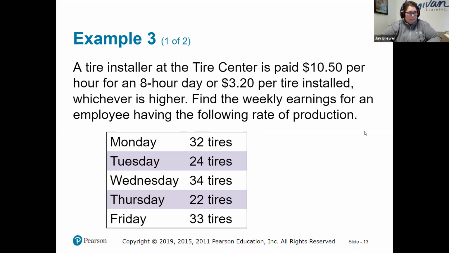So what do you think your first step is going to be to figure out which one would be higher? Find the weekly rate. Right. So you want to take your $3.20 and you're going to multiply it by each day's tire production. That's step one. And you can write it all down.